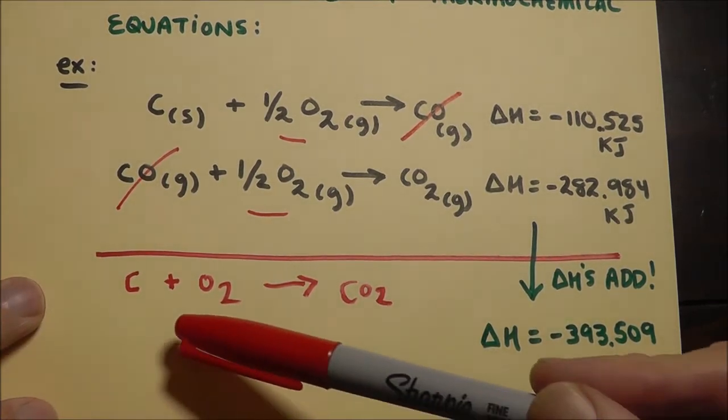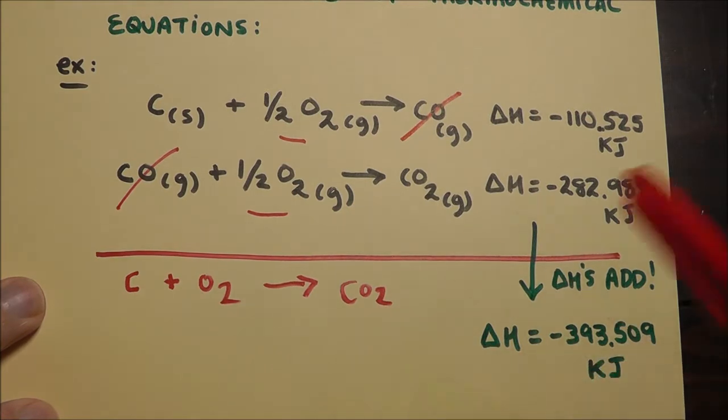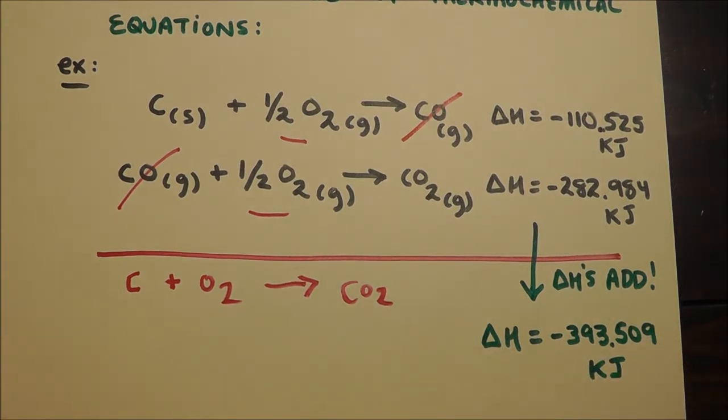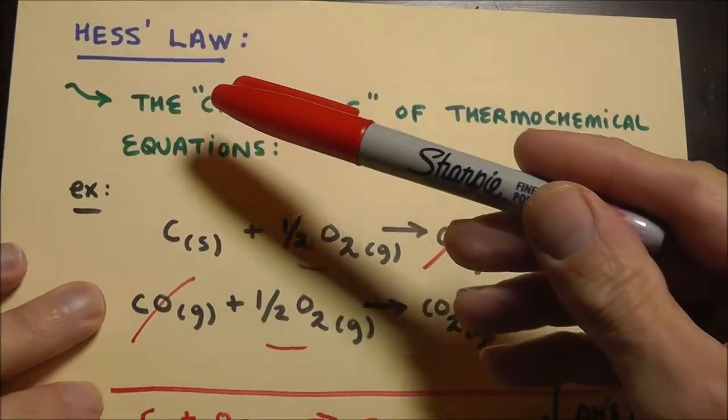So if we were just speculating that there's a third reaction that we've never before witnessed to happen, we could predict its delta H and extrapolate from a set of 2 equations a third. That's how most of your delta H tables were actually created, and this is called Hess's Law, the ability to do that.